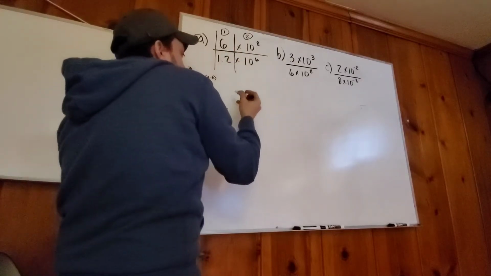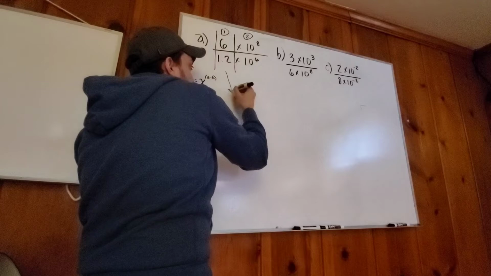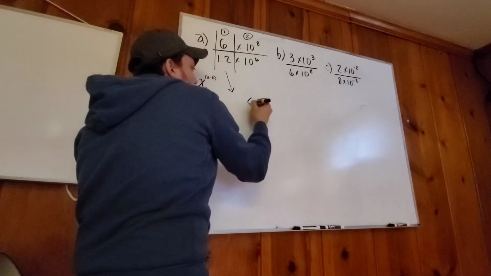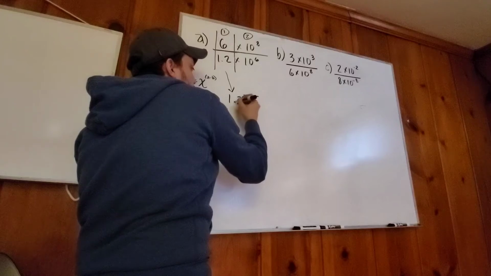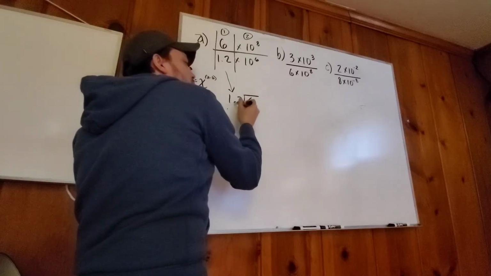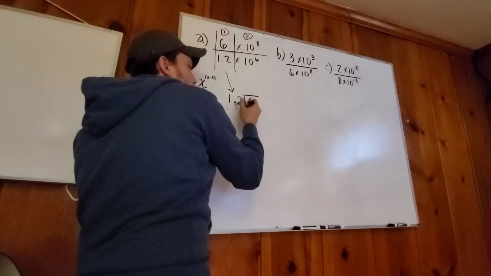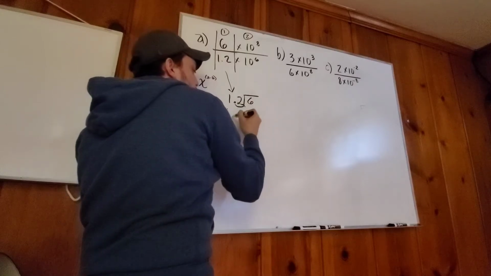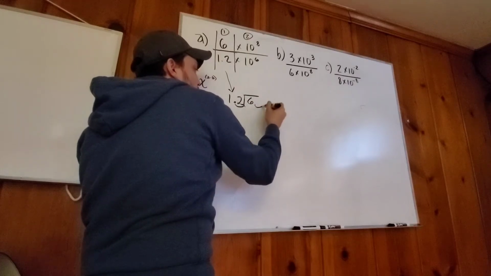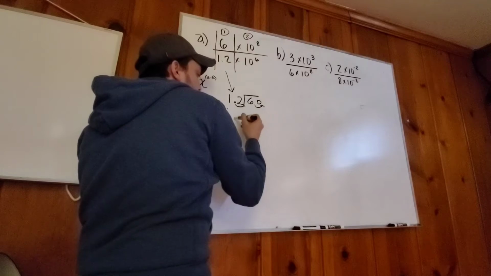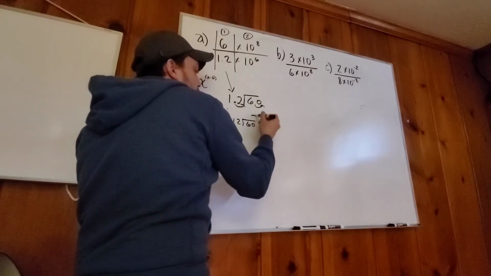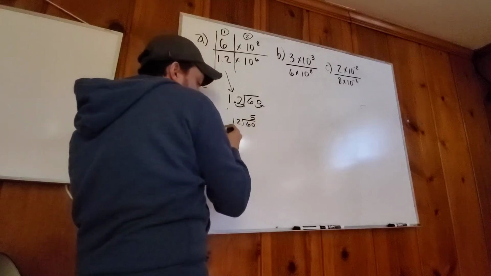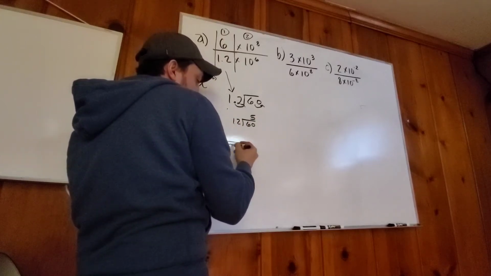Now, here is a little bit of a problem, because if we have 6 inside and a 1.2 on the outside, can you actually divide by a decimal? No, you can't. You have to move the decimal. So it would be 60 divided by 12. Well, that's pretty easy because it would be 5. So the first part of my problem is 5.